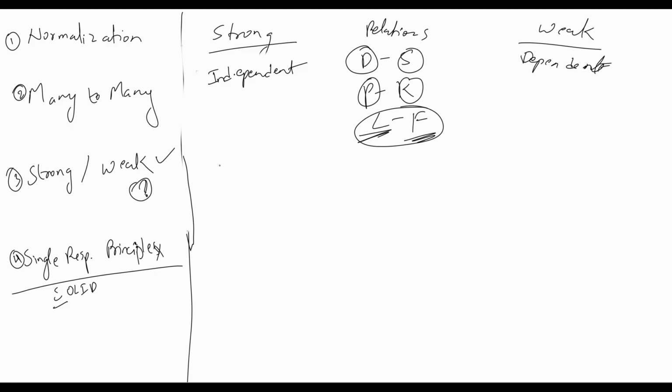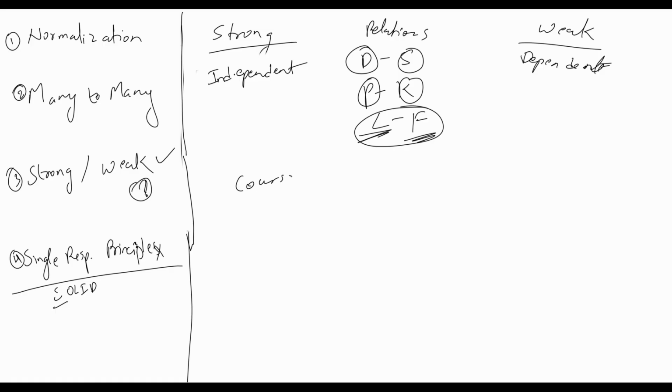In the same way, strong entities and weak entities are important to make relations. How? I'll tell you. Let's take an example of a course only.